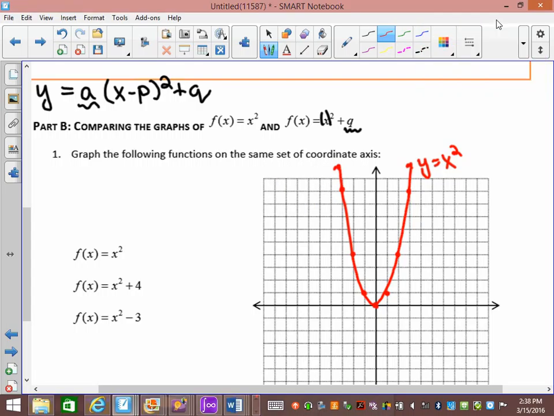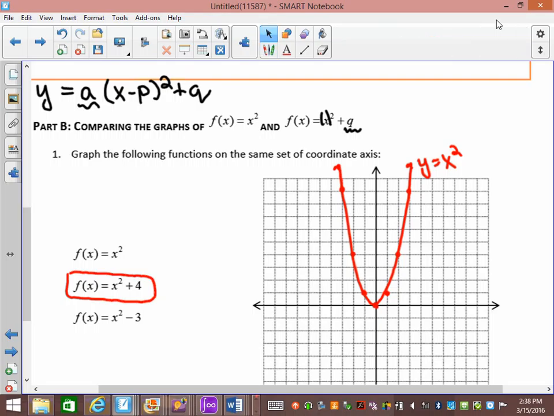Okay. So we have y equals x squared. When we have y equals x squared plus 4, what happened to the graph? What was the change? Went up 4. What do you think is going to happen with this one? Down 3. So if we move this graph up 4, 1, 2, 3, 4.